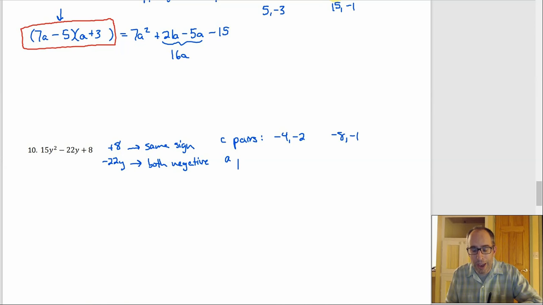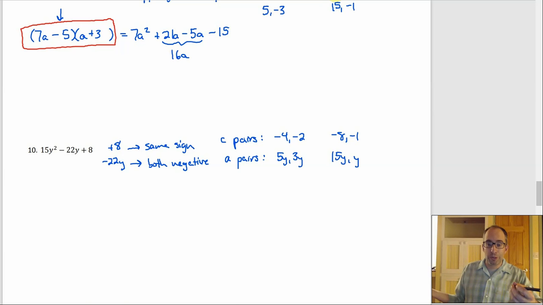And we're also going to have A pairs because we could have 5y with 3y to get the 15y, or we could have 15y with y. But this is another one where you probably want to work inside out. It's much more likely that it's going to be the 5y and the 3y, just because the middle term's not something completely insane.